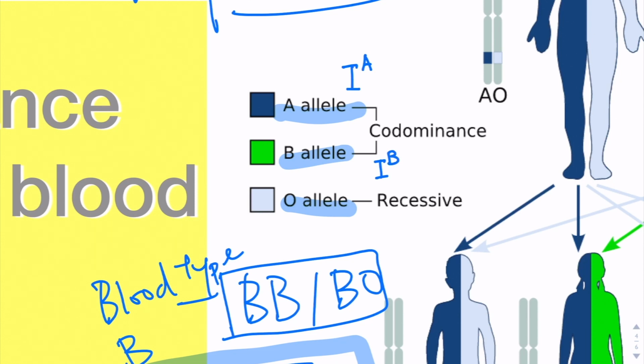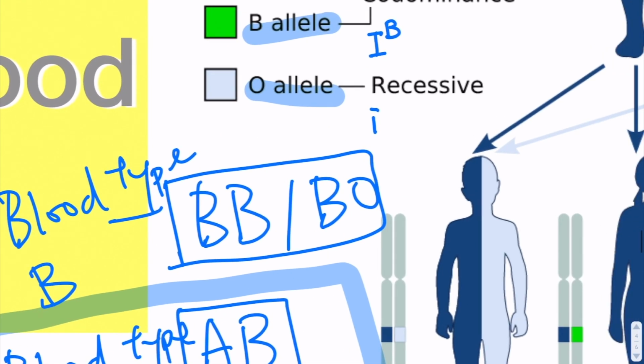The B allele is capital letter I with a capital letter B on the top right. The O allele is small letter i, because compared to A and B, it is recessive. When B and O are together, O cannot show its phenotype, so we say B is dominant and O is recessive. In other words, O is recessive to both allele A and allele B.